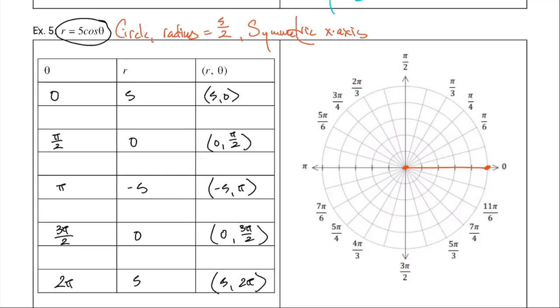But that's sort of why I left some spaces so we could fill in some more blanks and figure out what the rest of this looks like, okay? So sometimes the quadrantal angles are enough, and sometimes we need some of the other angles to help us out, okay? So let's go with pi over 4, 3 pi over 4, 5 pi over 4, and 7 pi over 4.